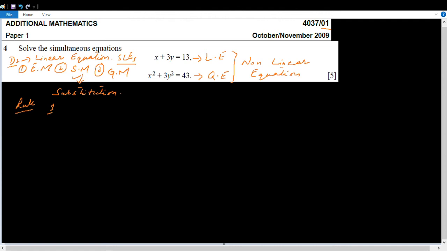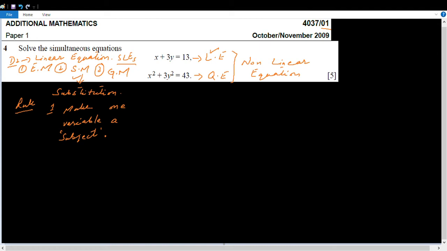Like first you make one variable, either x or y, a subject. One variable a subject, always remember. And here you will definitely use the linear equation to make one variable subject.